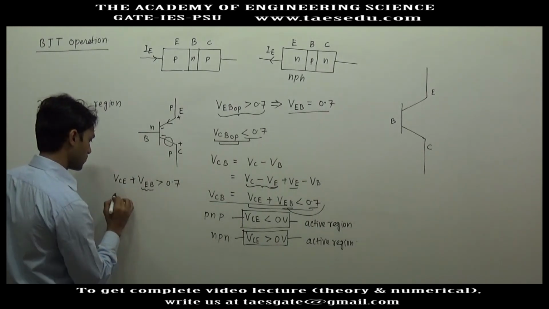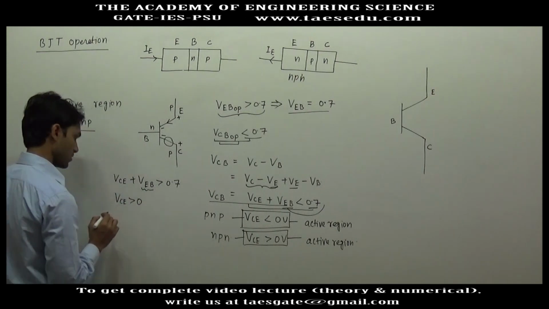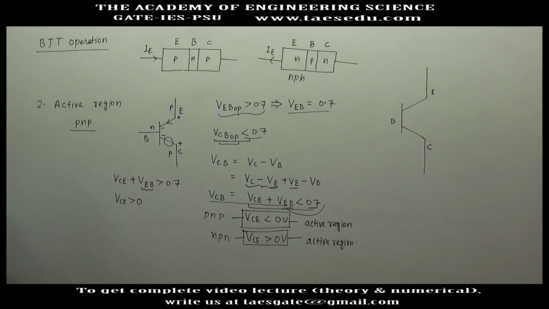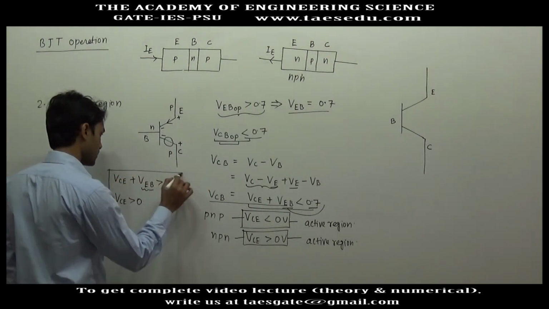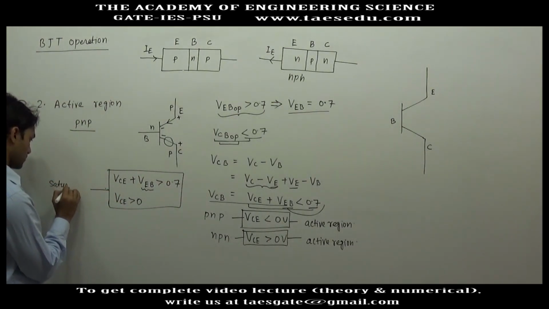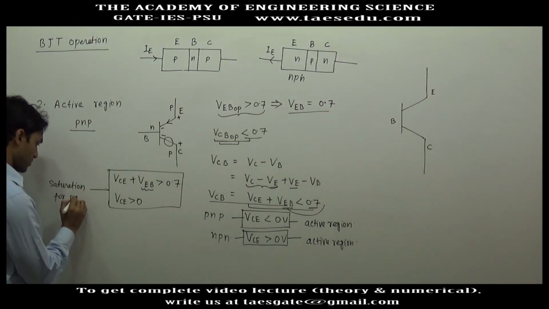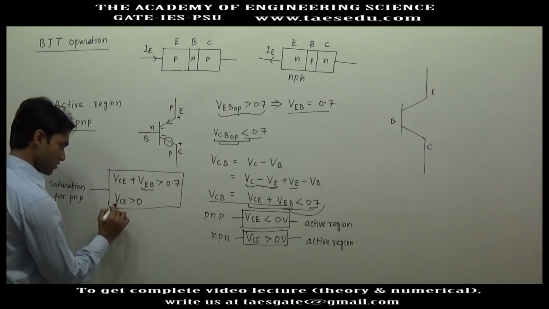This is 0.7 volt, so VCE must be greater than 0 volt. This is to operate in saturation for PNP transistor.